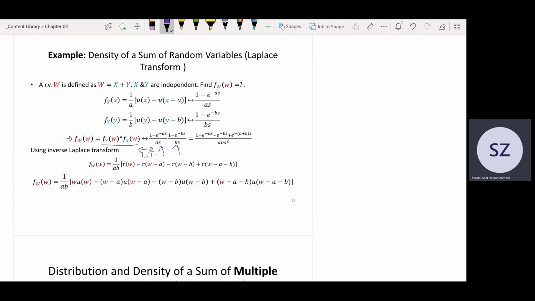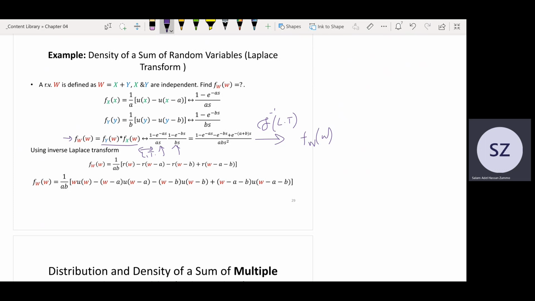Now taking the inverse Fourier transform, or the inverse Laplace transform, gives you fW. So again, fW of w is the convolution between the two PDFs of X and Y.